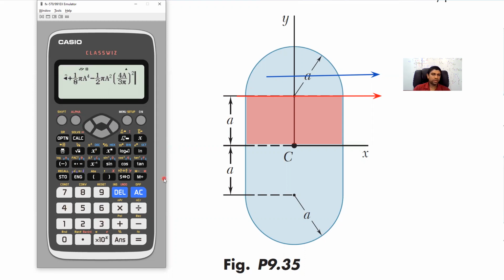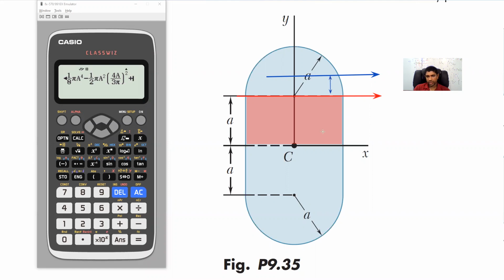Now what we have calculated is this term, right? We have subtracted A y bar squared. Therefore, it is the moment of inertia with respect to the blue color axis. Again, we have to add the A y bar squared term. Now y bar will be this one. Initially, this was the y bar, and we use this one.